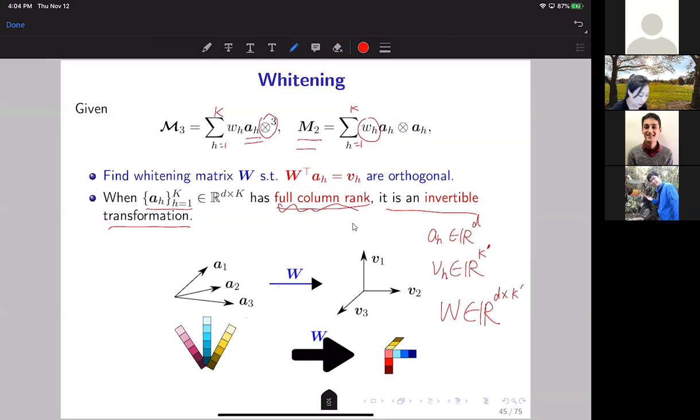So what does this mean? This usually means that W would be a tall and thin matrix, D by K prime. It would project some kind of long vector into something rather short. Think about the interpretation here.